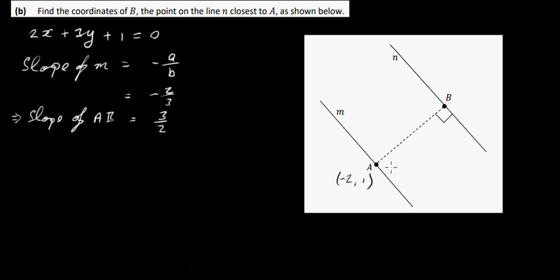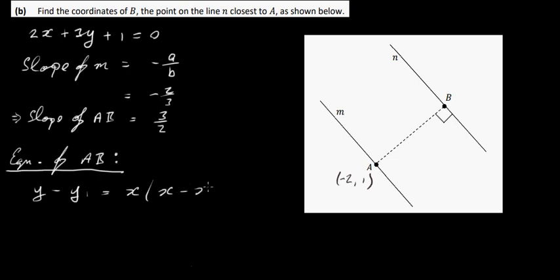We have a point on AB, so we can find the equation of AB. The equation of the line AB is y minus y1 is equal to m times x minus x1. So we have y minus 1, since the point on the line is minus 2, 1, so y1 is 1.